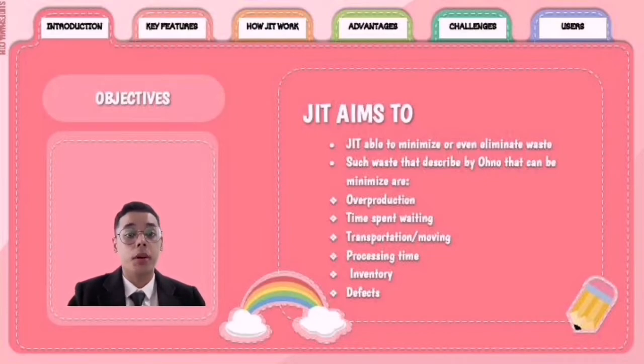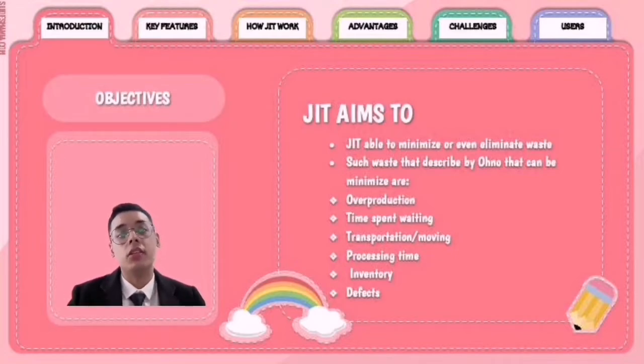Transportation and movement is waste associated with moving around the assets or the inventory in the factory, because more inventory is being held. Remember, the objective of JIT is to reduce holding costs. Hence when you reduce holding costs, there is less inventory to be held.